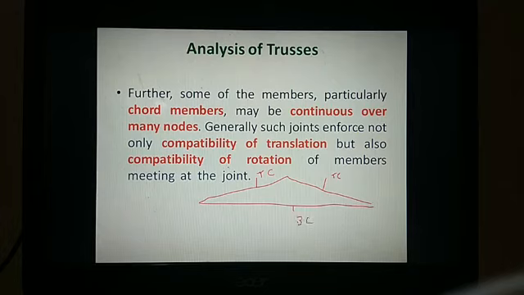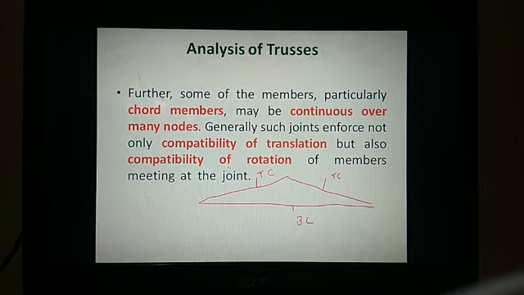Particularly the chord members may be continuous over many nodes. Generally such joints enforce not only compatibility of translation, in the sense of movement, but also compatibility of rotation. Why? Because when it is subjected to lateral forces, your members may translate, but also rotate.